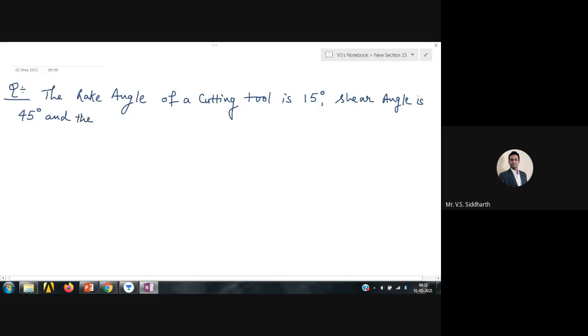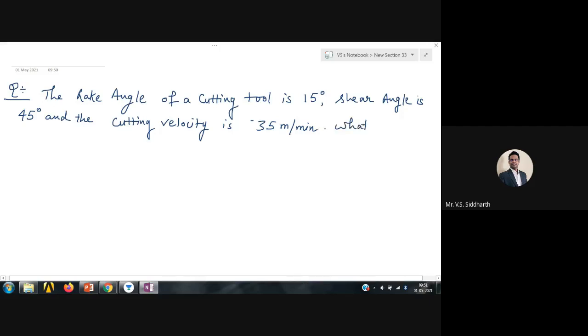And the cutting velocity is 35 meters per minute.